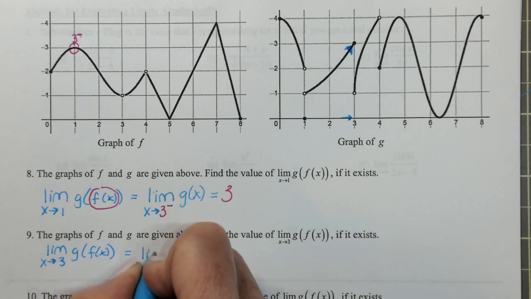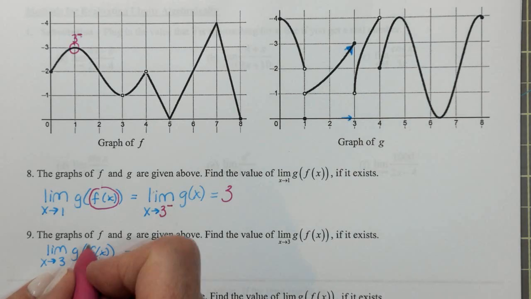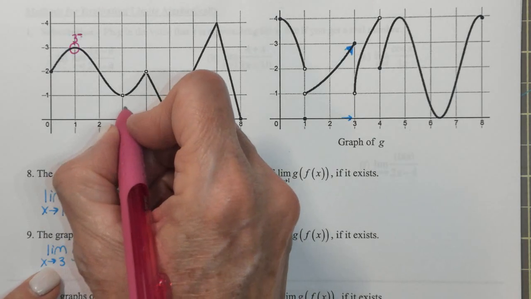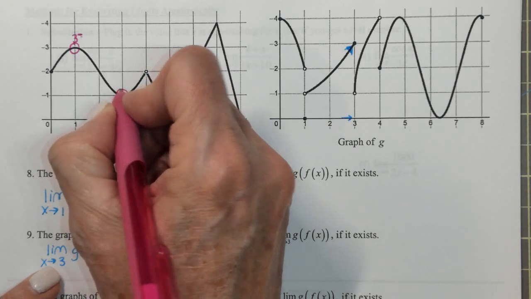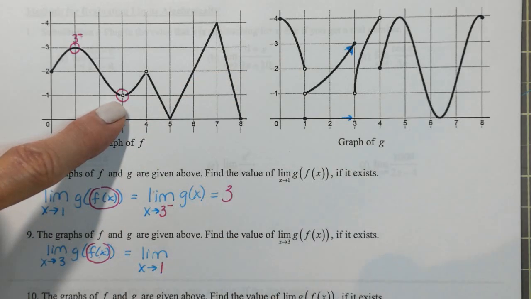I know it's going to be another limit as x approaches something that I'm about to go find out. So I'm going to go to the graph of f and see what happens as x approaches 3. As x approaches 3, the f value is approaching 1. It is approaching 1.